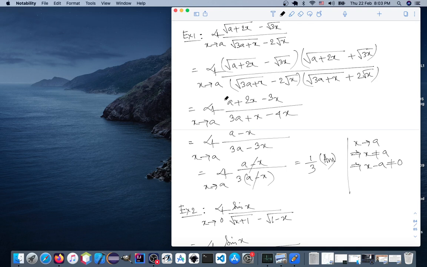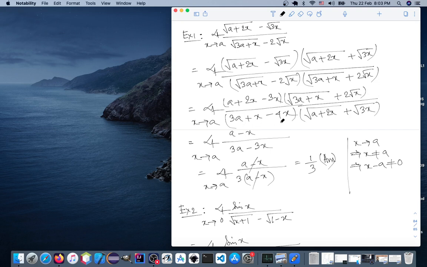So this will actually be, over here we have 3a plus x plus 2 root x, and over here we have a plus 2x plus root 3x.